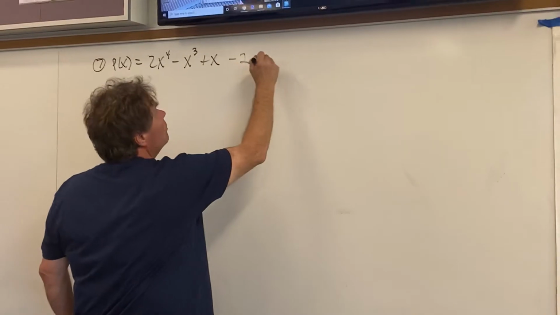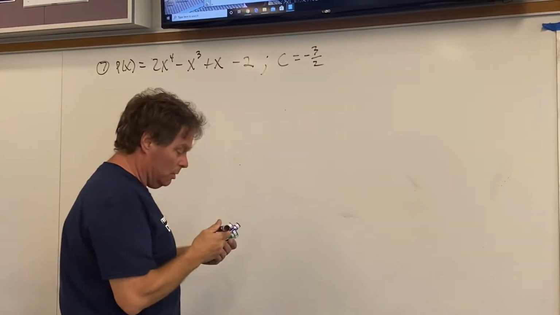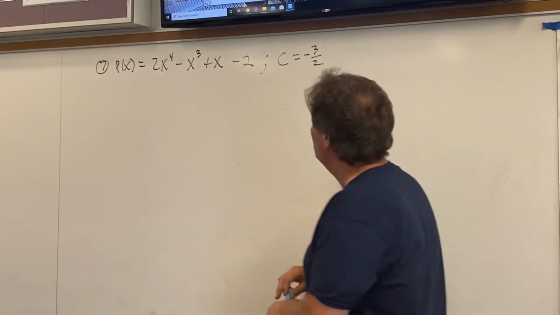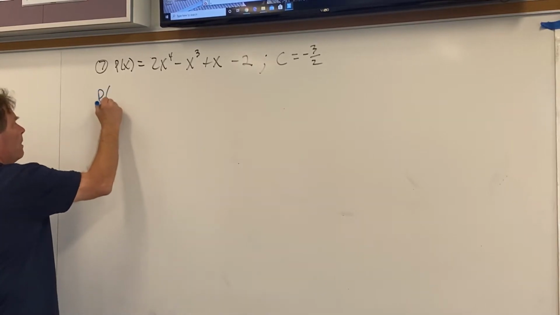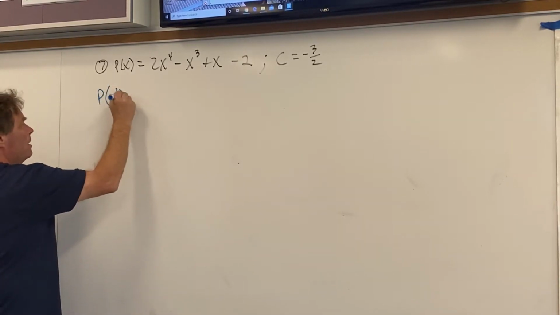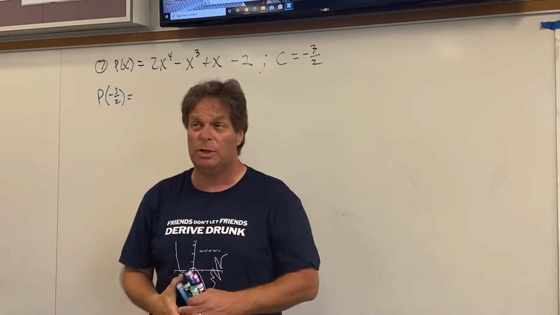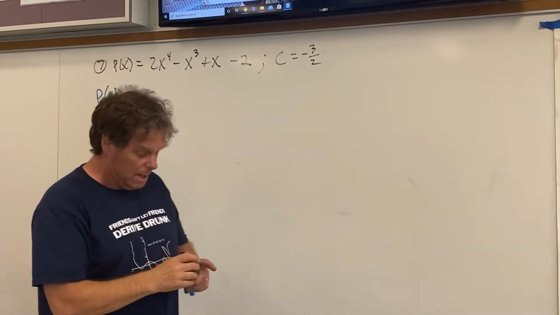Actually, they're not telling you it's a root. What they're doing is saying, find the value of P of -3/2. Find what that is by using synthetic substitution, right? Which means you use synthetic division, and the remainder turns out to be the answer.